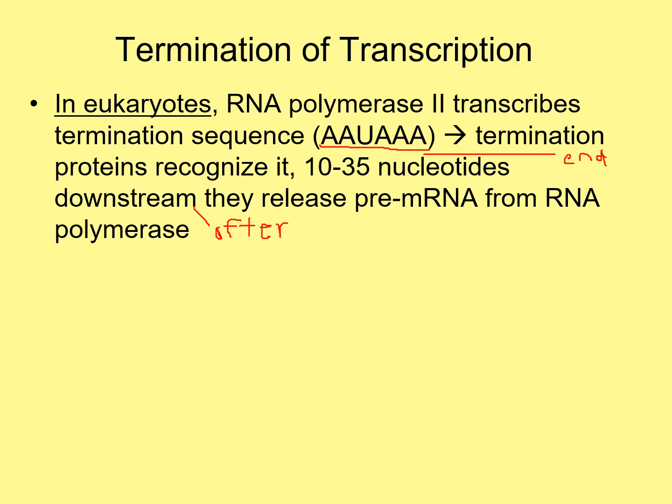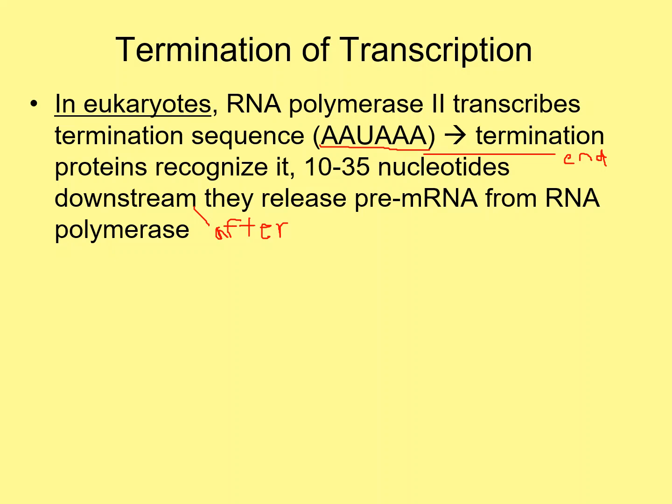Oh, that's really ugly. Okay, it looks like offer anyway, or otter anyway. It's supposed to say after, so downstream is after. So the termination proteins basically see the sequence and then let it go by a little bit, to have a little buffer, and then they essentially excise or cut, splice.